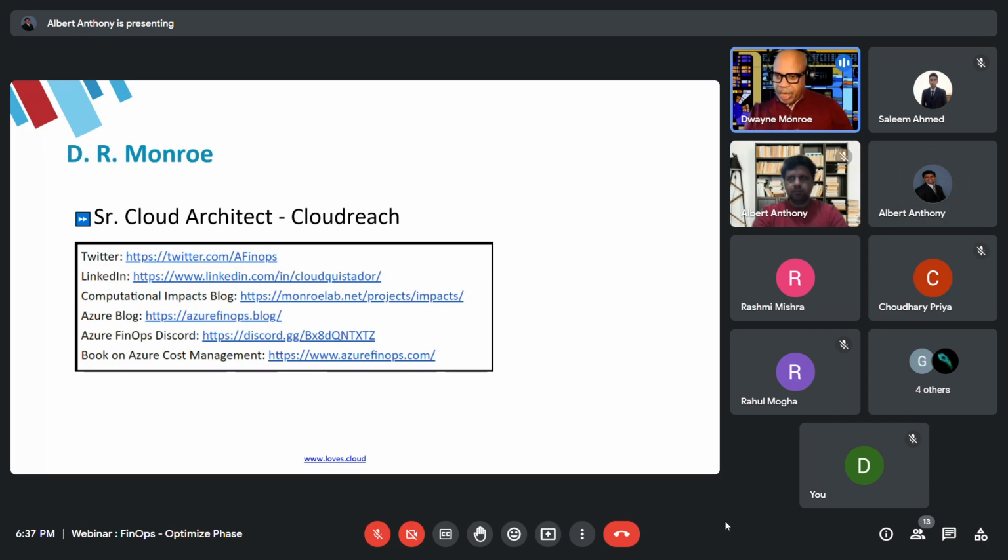Once Azure became an actual competitor to AWS, it was logical for me to focus on that platform. And as Albert mentioned, I write quite a bit about FinOps as it relates to the Azure platform specifically. You see that information on the screen, and I'm happy to be here.